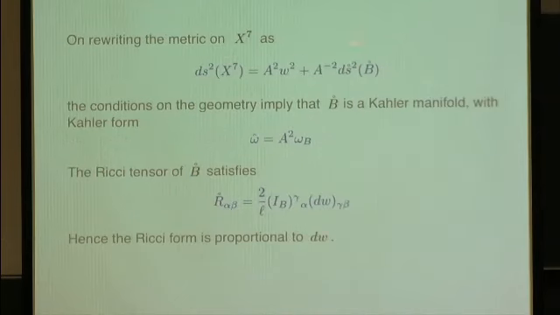And if one makes a conformal rescaling of B to B circle, like this, so this is just to say that A squared omega is the same, but I've rescaled A squared B to be A to the minus 2 ds circle squared B circle, then the conditions on the geometry force B circle to be a Kähler manifold with this to be the Kähler form, and the Ricci form of this Kähler manifold is just proportional to dW.